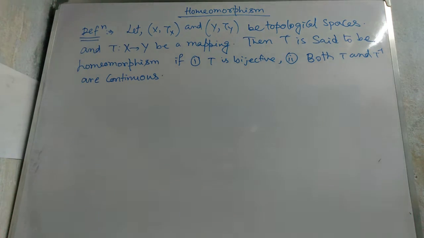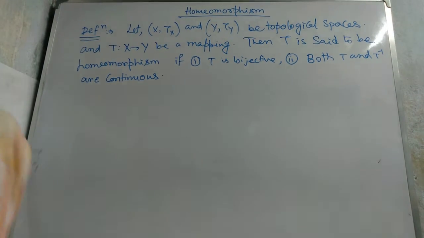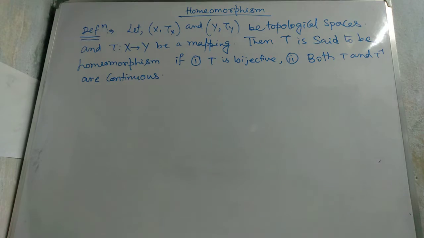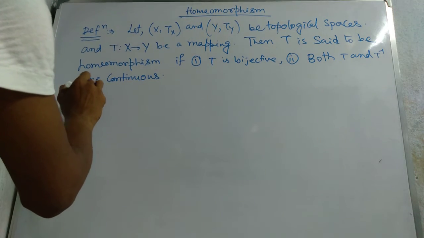So we first write the definition of homeomorphism. Here T is one-one and onto, both T and T inverse exist, and also T and T inverse are continuous. Now we write one theorem which shows this homeomorphism.